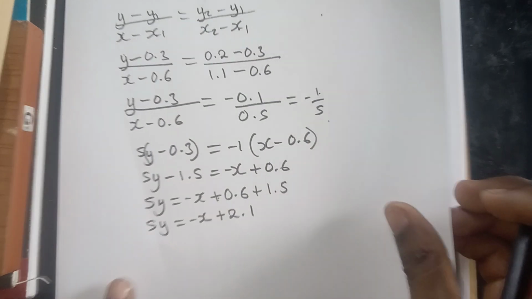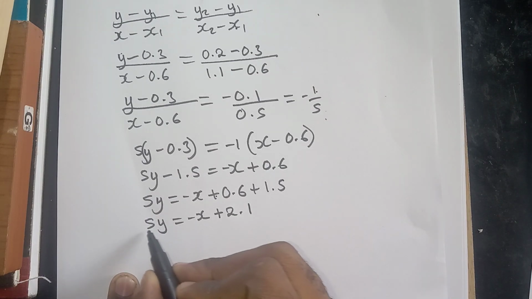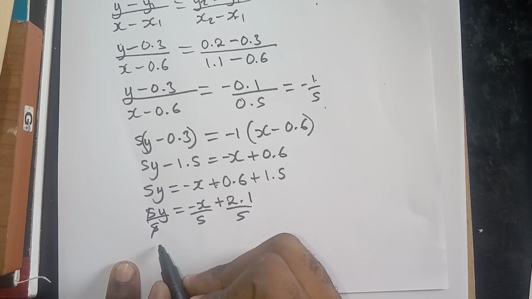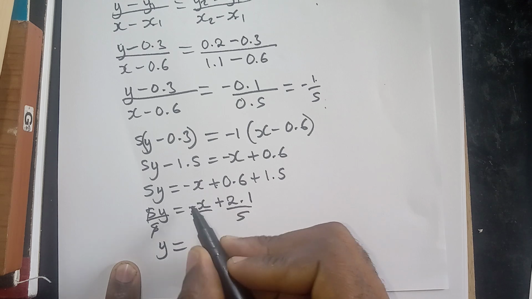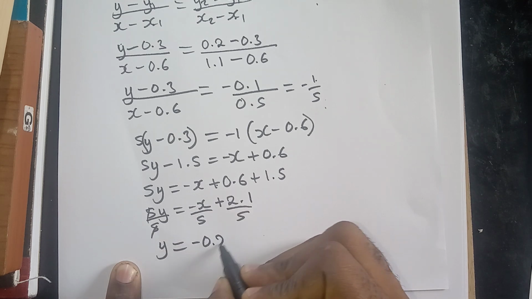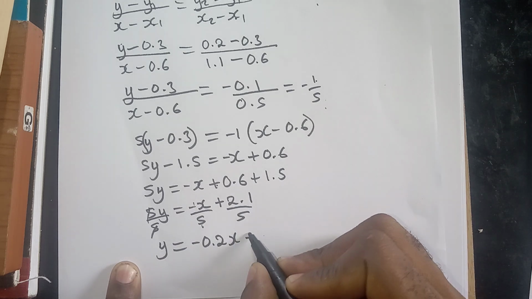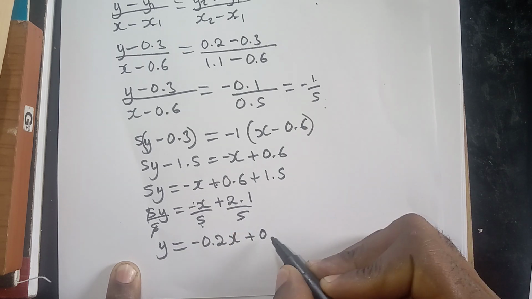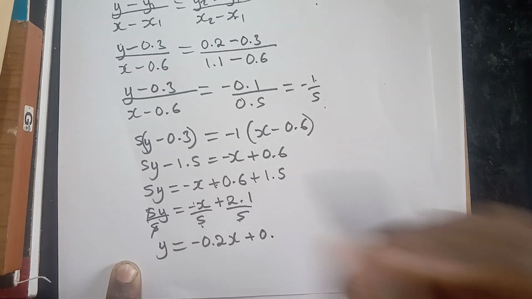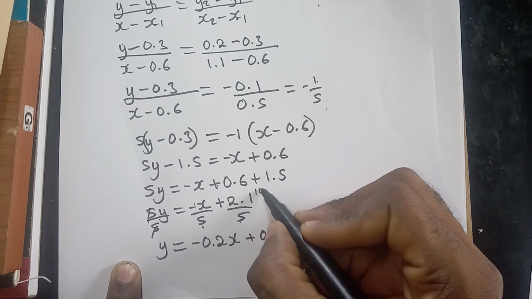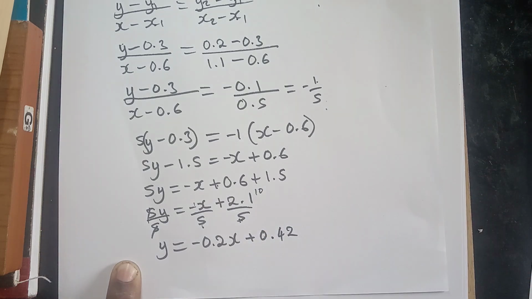And then now you can divide through by 5. Since we had decimals, it's okay to write this as negative 0.2x. Then 5 into 21, that's 4, and 5 into 10, you have a 2.